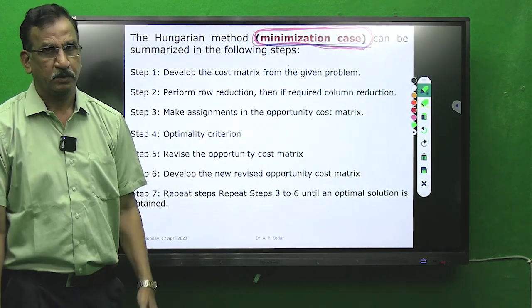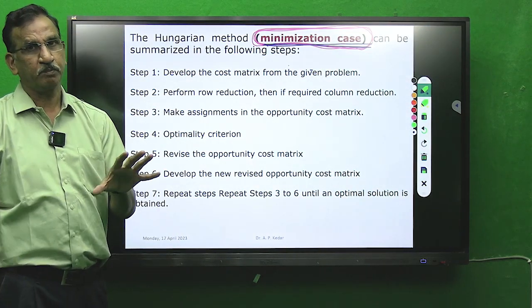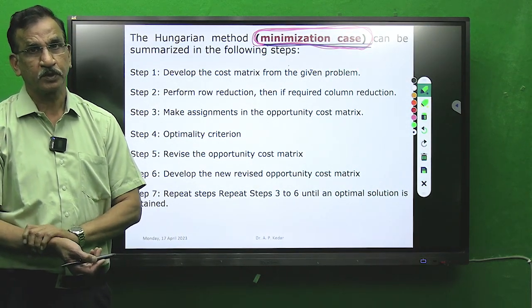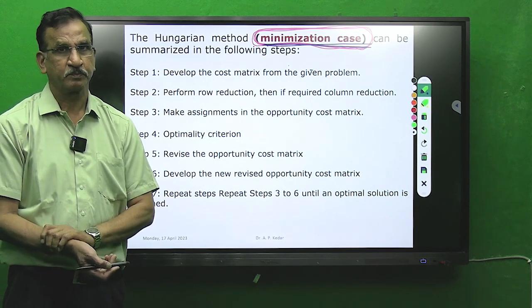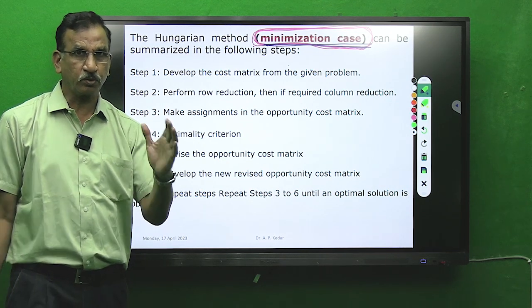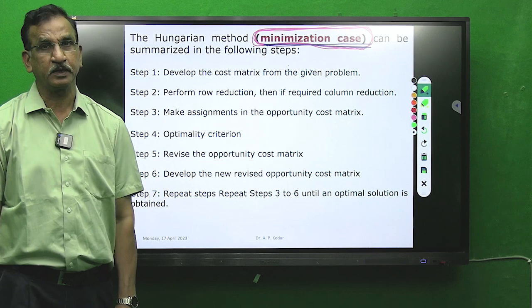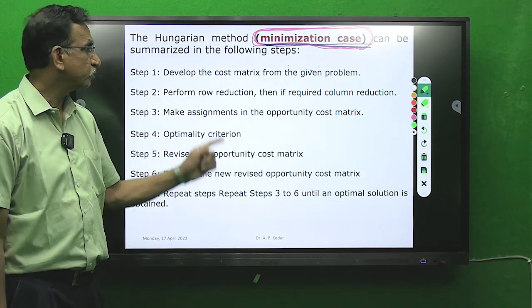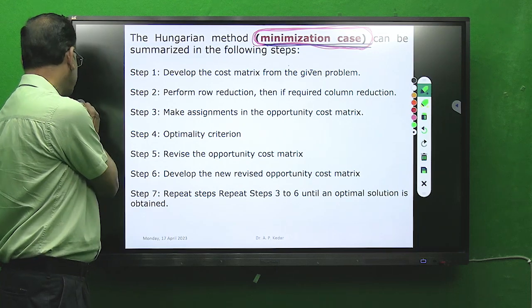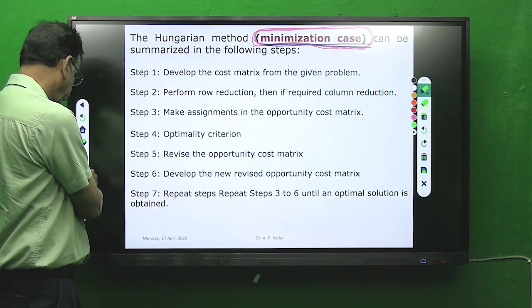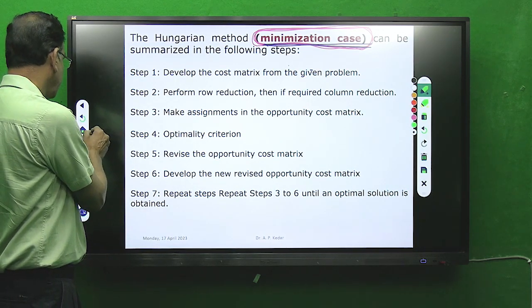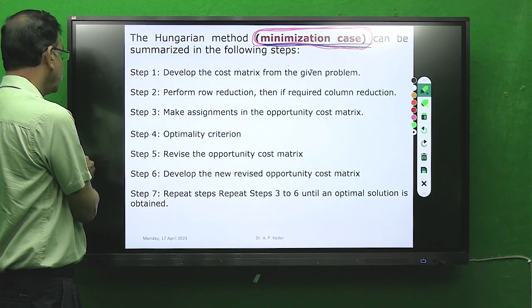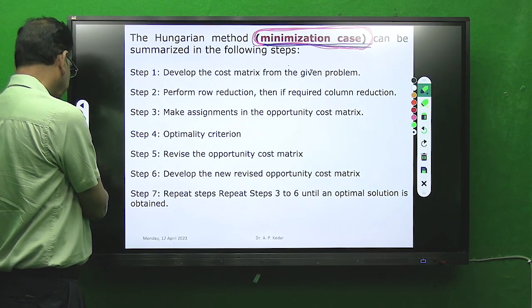We'll do that whenever we come to a problem of maximization type. Now let us look at the various steps of the Hungarian method of finding the solution to an assignment problem. I will explain the steps in detail, and based on these steps we'll solve one problem.